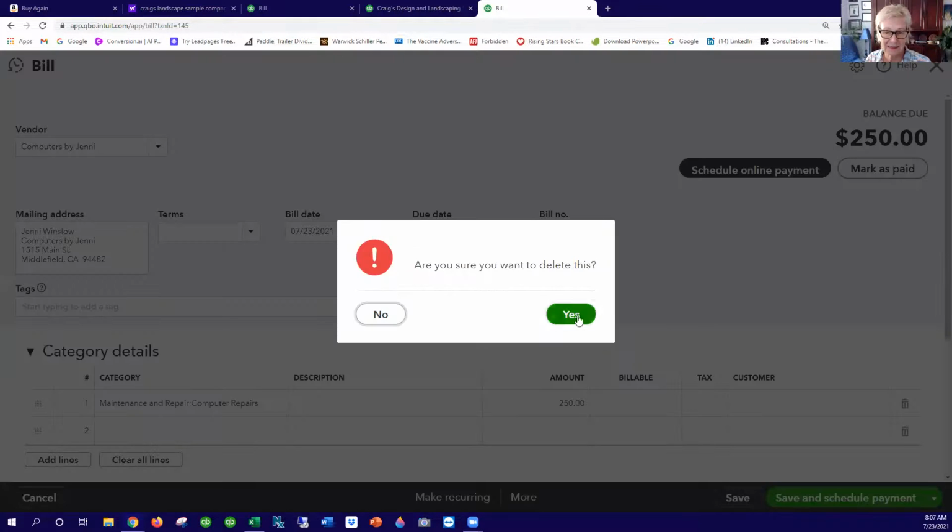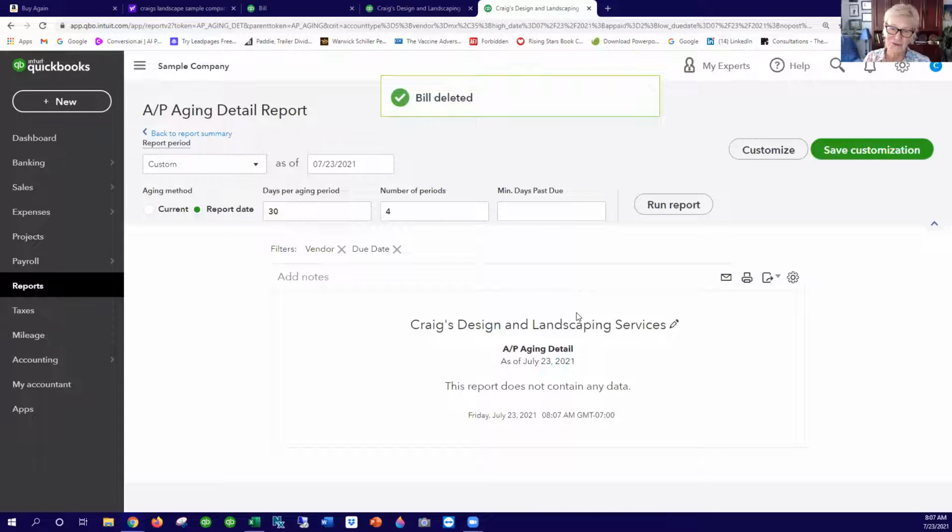And so I would delete it at that point in time. You cannot do that if it's in a prior year because the person who prepared your tax return will be most upset with you, because those prior periods should be closed and not ever touched.